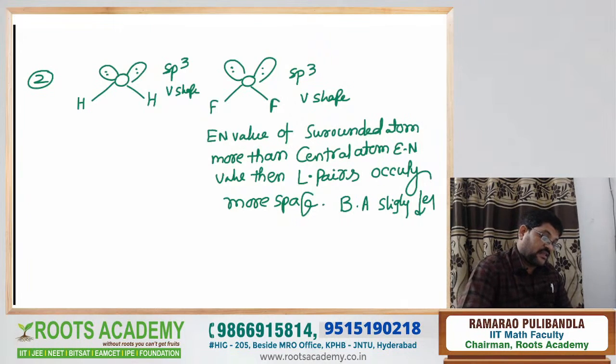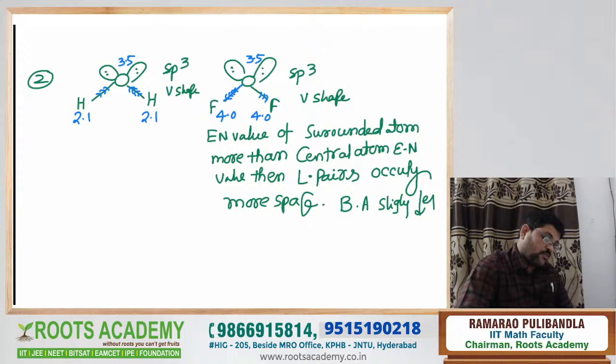Because here, the EN value of fluorine is 4.0, oxygen is 3.5, and hydrogen is 2.1. Therefore, as the EN value of the surrounding atom is more, the bond is shifted to the fluorine side. In H2O, the bond is shifted to the oxygen side.